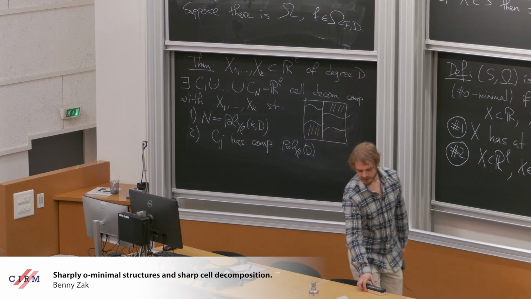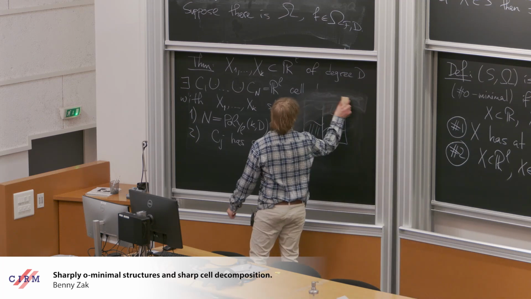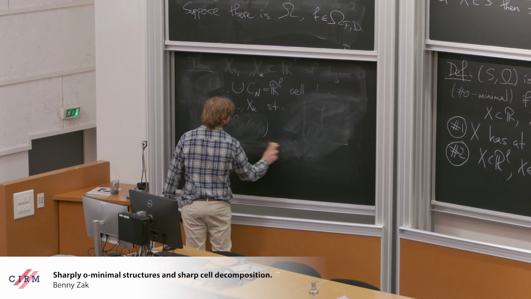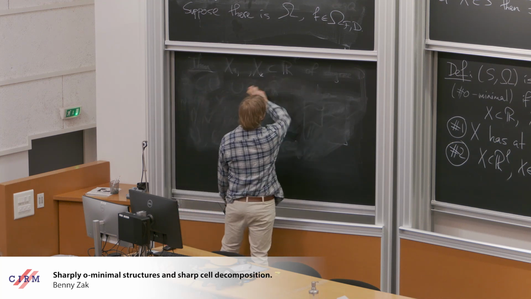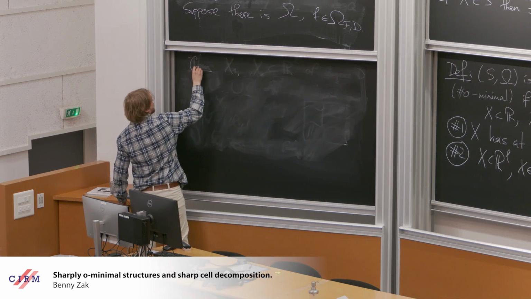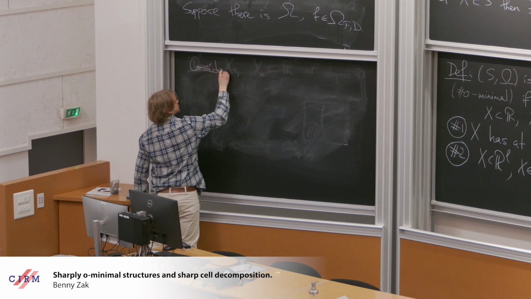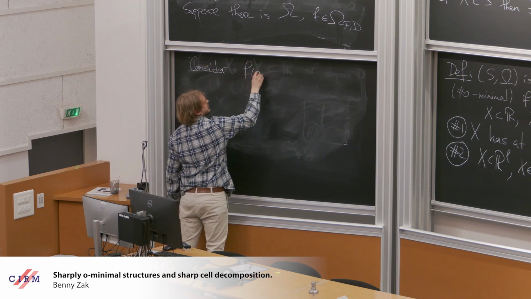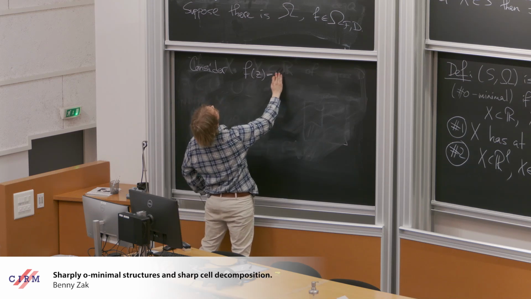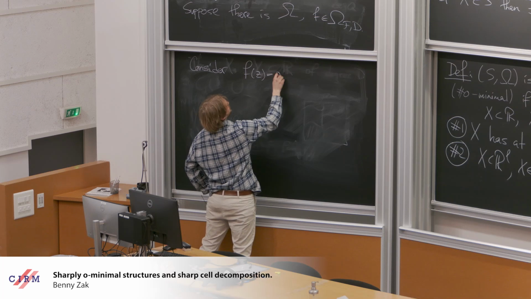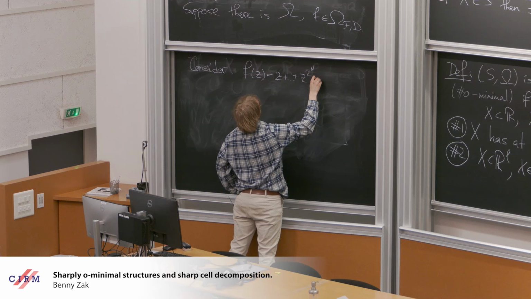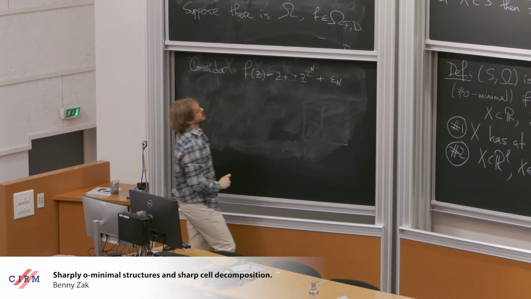So if you can do this, we will now look at the following equation. Consider the following equation: f of z equals z plus z to the power 2 to the power n plus epsilon n. Okay, j equals 0, 2 to the power 0 is 1. Let's consider this equation.